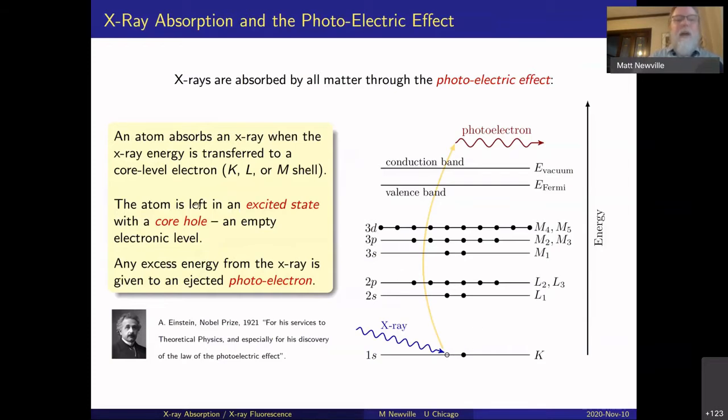So we say that the atom is left in an excited state because one of the core electron levels is empty. There's a hole, and the excess energy is given to a photoelectron, which travels away from that absorbing atom. Of course, this is actually what Einstein received the Nobel Prize for describing.